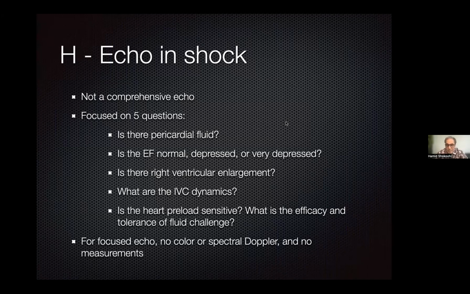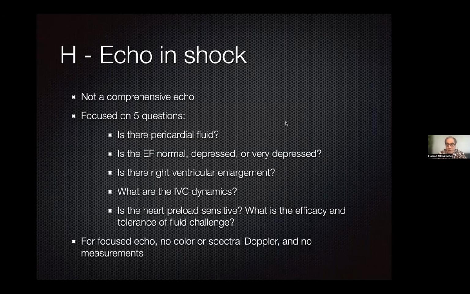Can you decide based on the subxiphoid? Absolutely. What are we looking for? Looking for pericardial fluid, yes or no? Looking for ejection fraction. Obviously apical four-chamber is the best, but with other views I can still tell you if the LV is functioning, non-functioning, or low functioning. Then you look at the right side of the heart to see if the RV is large.